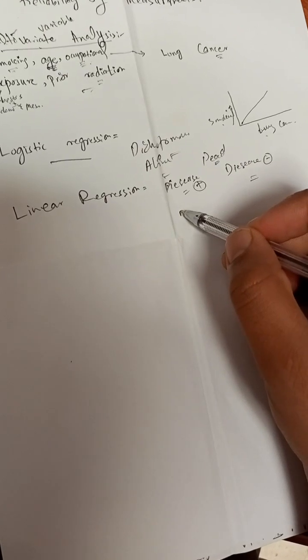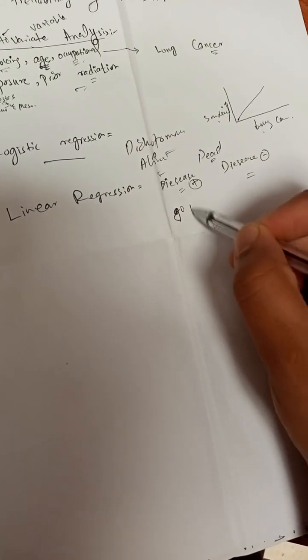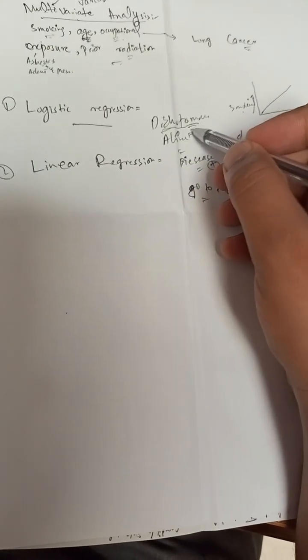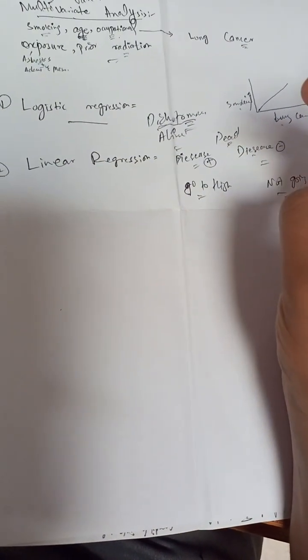We can take an example of a patient going to high school versus not going to high school. For example, if we take such data in which there are only two dichotomous outcomes, yes or no, dead or alive, admitted or non-admitted, disease or not disease, for that analysis we use the logistic type of regression.